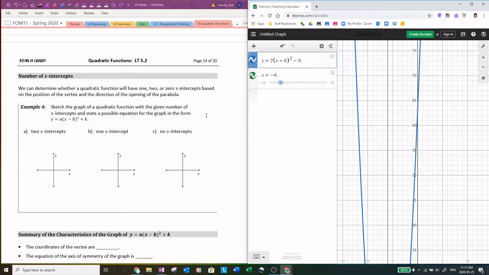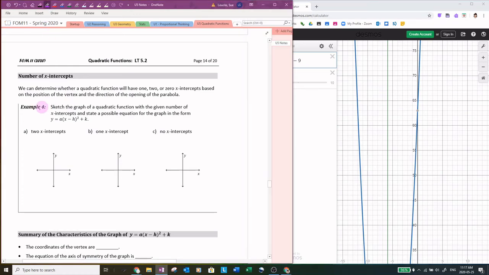Okay, so 2 x-intercepts, it has to open towards the x-axis, so it can either go like this or it can go like this. So the opening here has to be from the vertex, towards the x-axis.